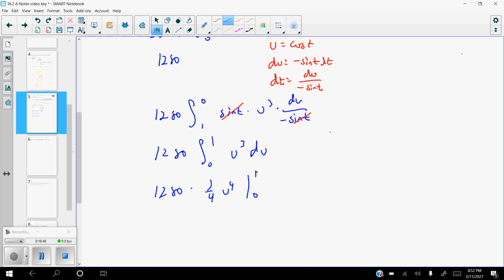So 1280 over 4, believe it or not, works out nicely. That's going to be 320. And then if I plug in 1 for u, I get 1. If I plug in 0, I get 0. So we should get 320. And that actually is the answer because I have it written down on my paper. So that is the mass of that wire over that specific curve.